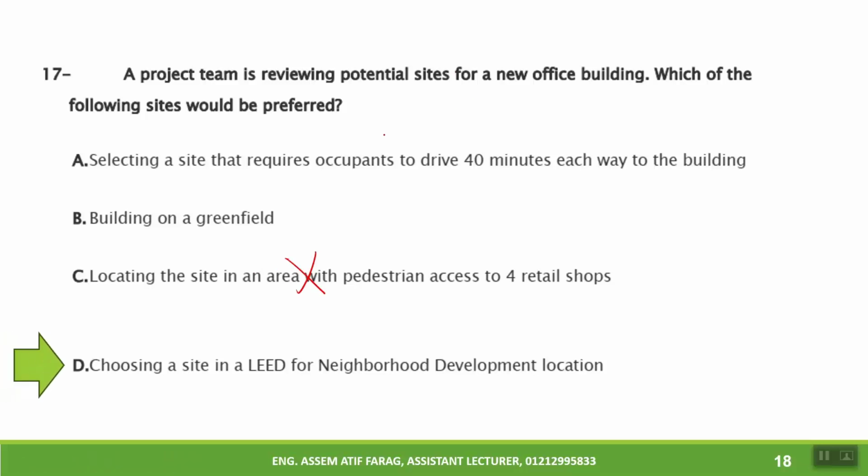Actually, the best option is option D, because choosing a site in a LEED for Neighborhood Development location will reward the project team for choosing a site that has connection with the surrounding community and good location and transportation attributes already. Note that a LEED neighborhood development project may include residential uses, non-residential uses, or a mix. So this option is the right option.